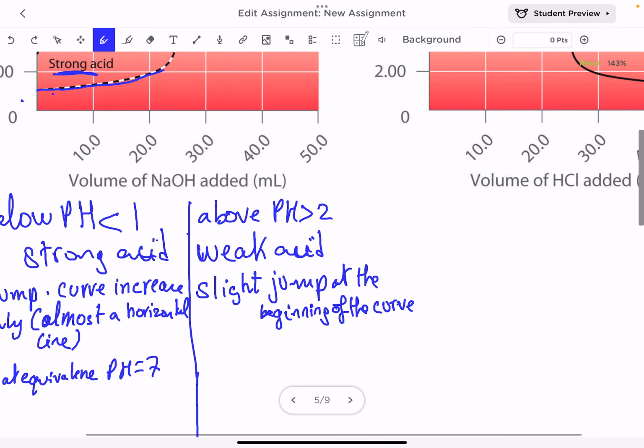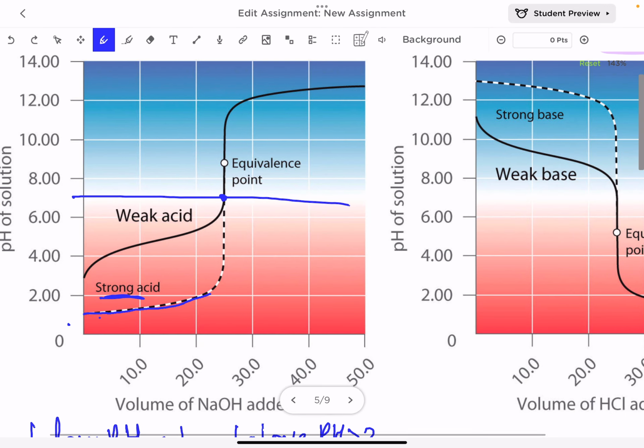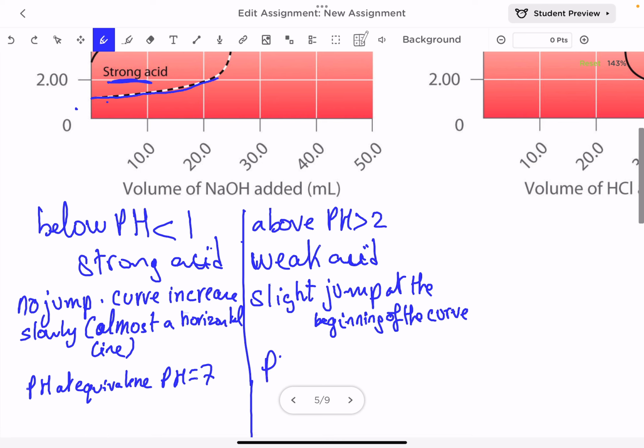But if we have a weak with a strong, the pH is not equal to 7. So let's look over here. It's a weak acid. The pH at the equivalence point is above 7.